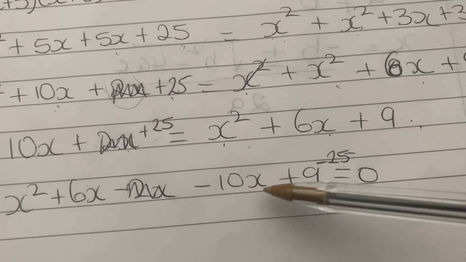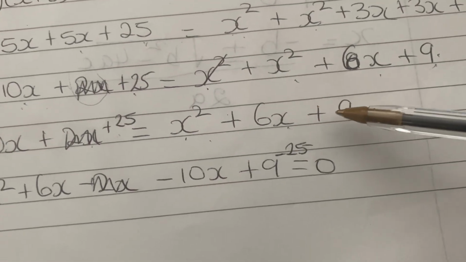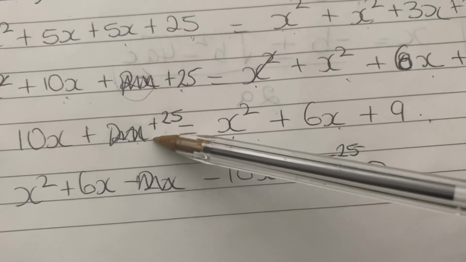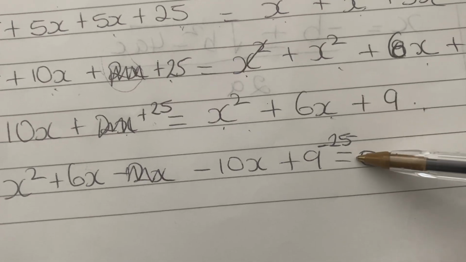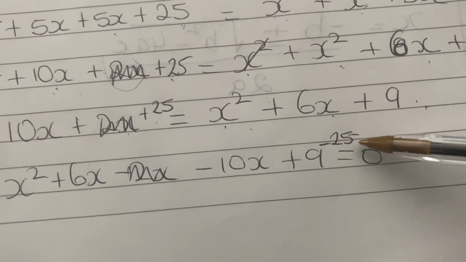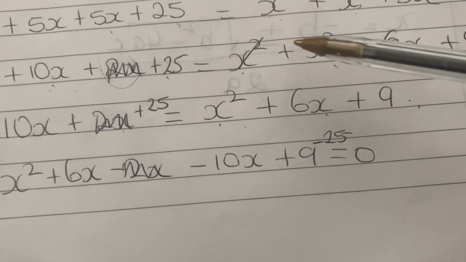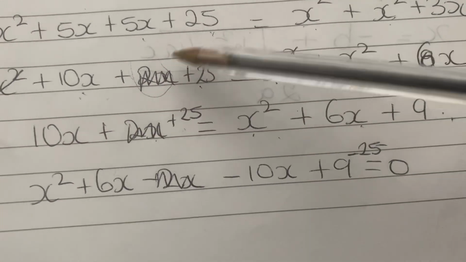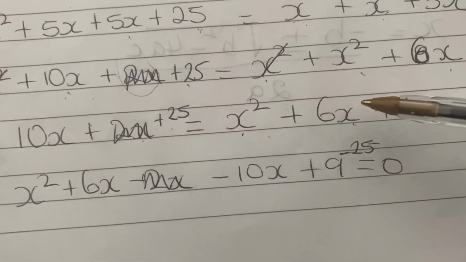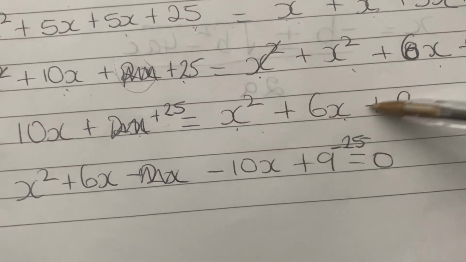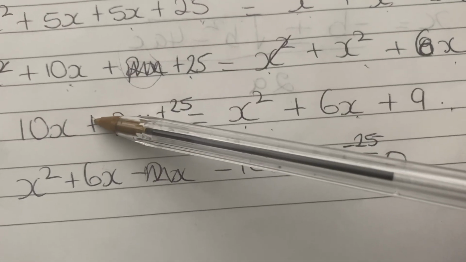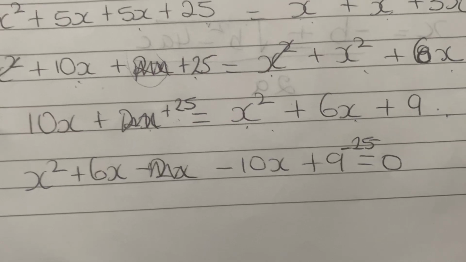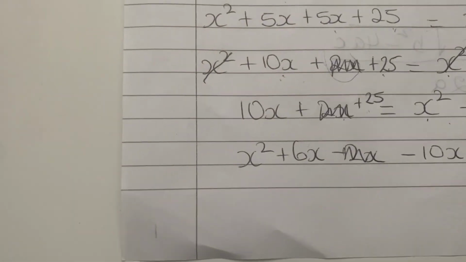Okay, then this is plus 9. So I take the 25 minus 25 equals 0. Or you can keep this here and take this quadratic equation to the other side. Okay, in the end you still get the same answer.